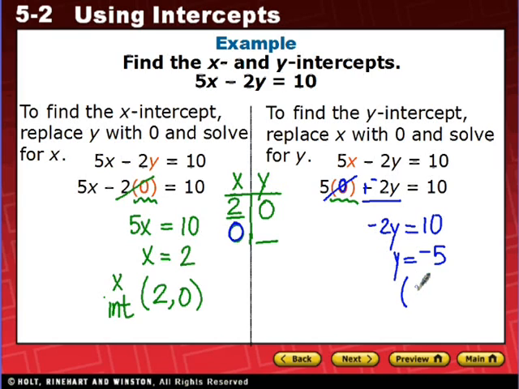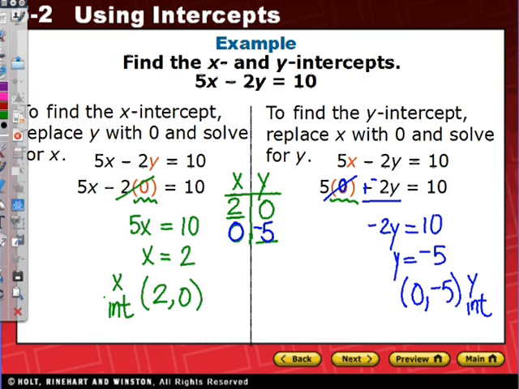So then it is 0, comma, negative 5 for my y-intercept. And I plug in negative 5 there if I were to write it in my teeny t chart. And now I could graph it. Okay, that's going to be the next step. Right now we're just finding them. We don't have to graph them yet. So the x-intercept is at 2. The y-intercept is at -5.